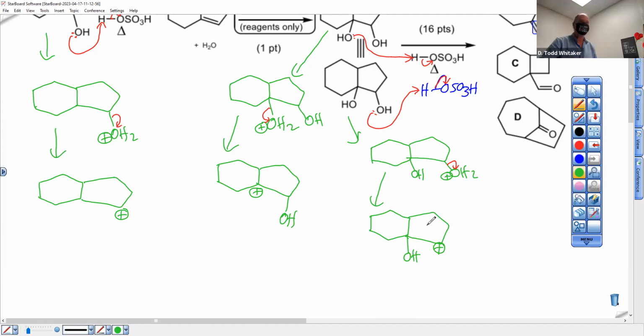I'm just telling you right now. And you're going to do different rearrangements for each one. One of the rearrangements is going to be from this H all the way, and the other is going to be from the C.